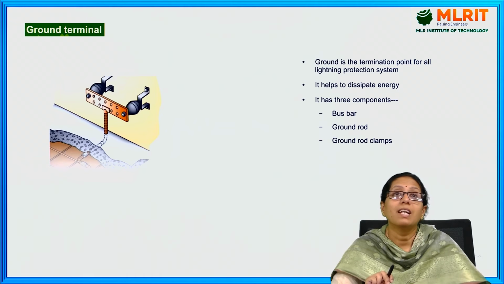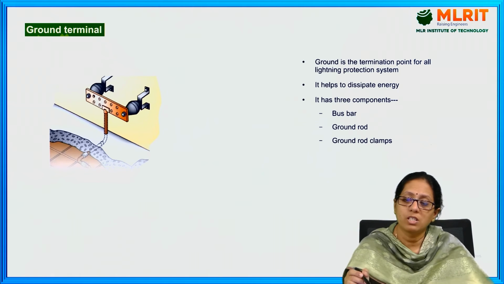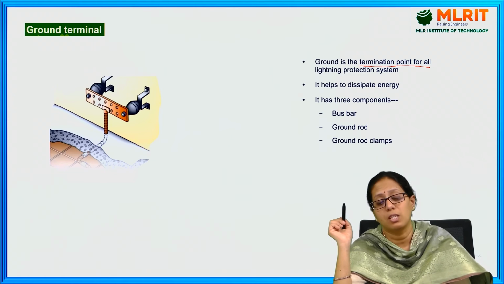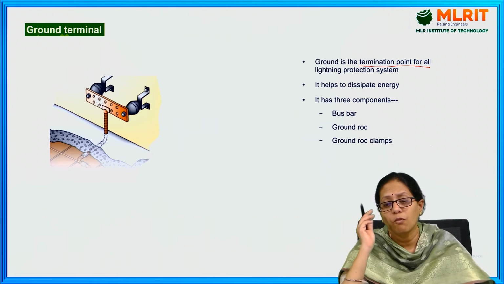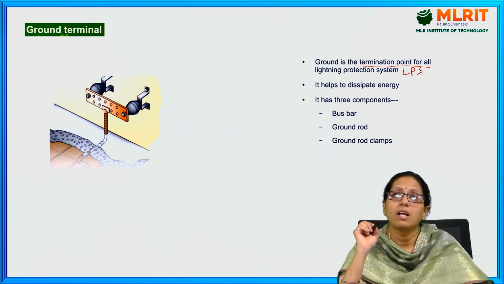Next one is the ground terminal. How to connect the ground terminal? The ground is a terminal point for all lightning protection systems. That means you can use different types of lightning protection systems, but for any kind of LPS, the grounding is compulsory.